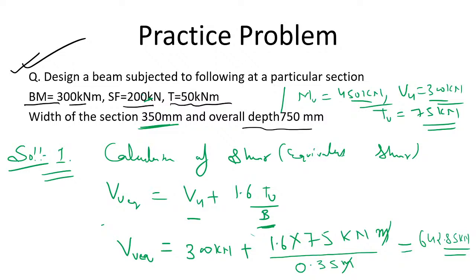We have to check whether this VU equivalent is satisfying the tau Cmax criteria. That means, first of all, we have to calculate the developed value of shear stress due to this VU equivalent, and let's see what is the value of tau V equivalent.